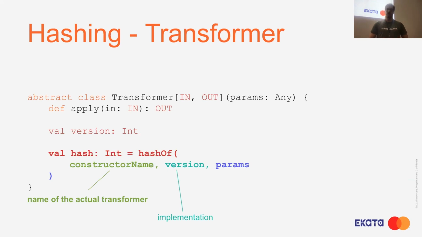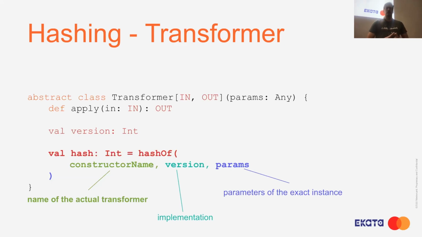So we just go with being very careful with versions, and we always increment it when we are doing something that actually changes the logic in the apply. And you also have the parameters of the exact instance. In the case of train scorer, this could be, for example, the hyperparameters.